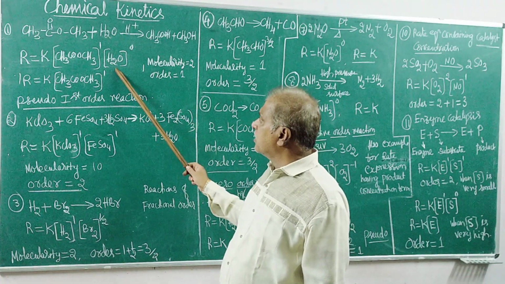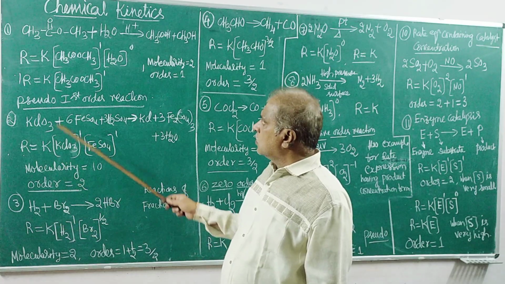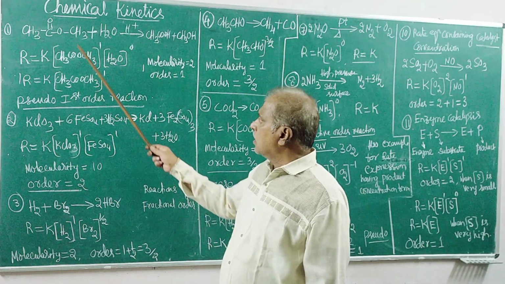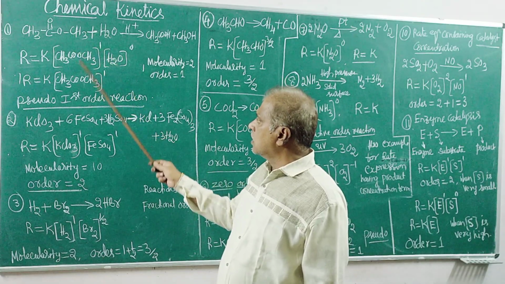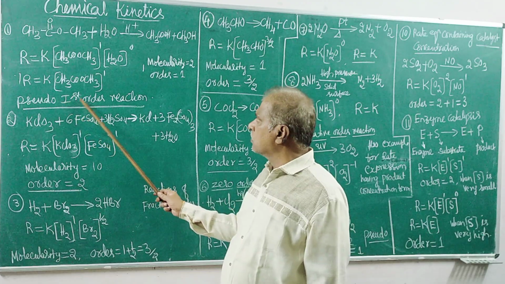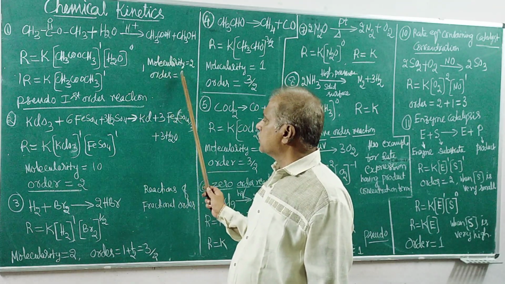So it is independent of the concentration of this reactant. So this reaction is first order and bimolecular. It is called a pseudo first order reaction or pseudo unimolecular reaction. Molecularity is 2, order is 1.